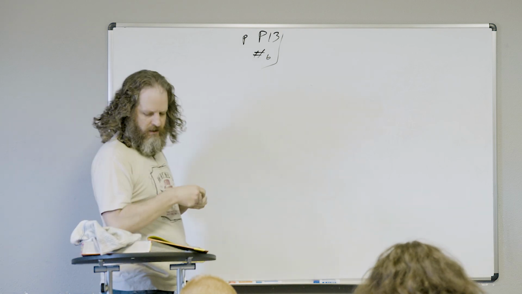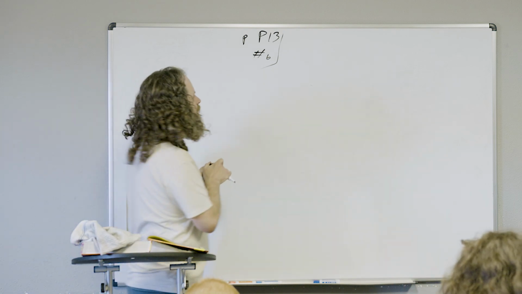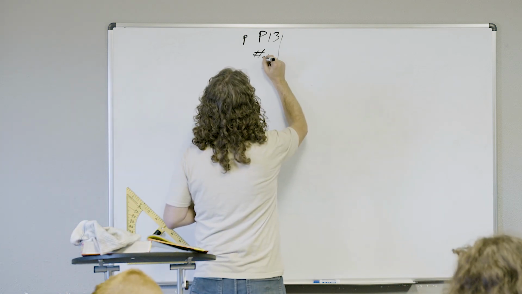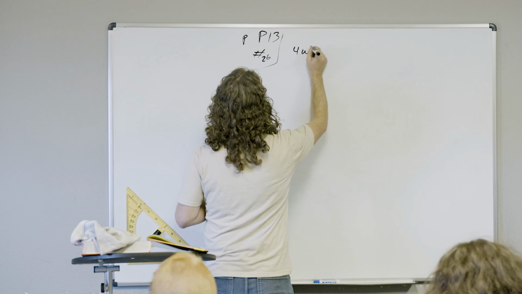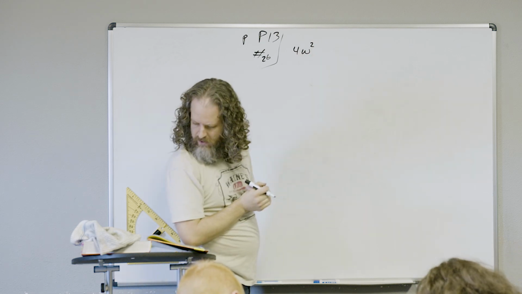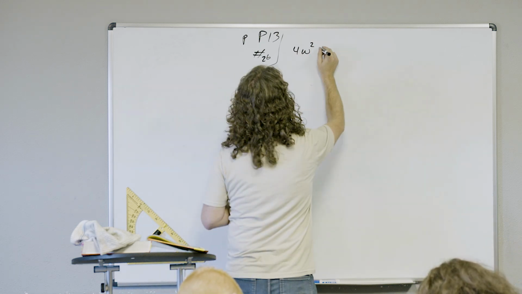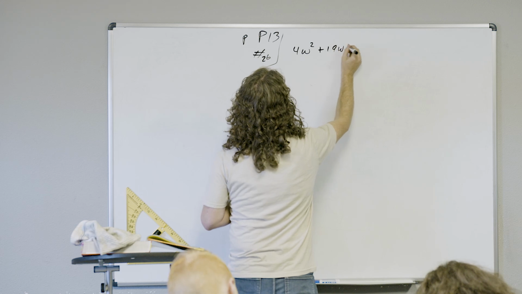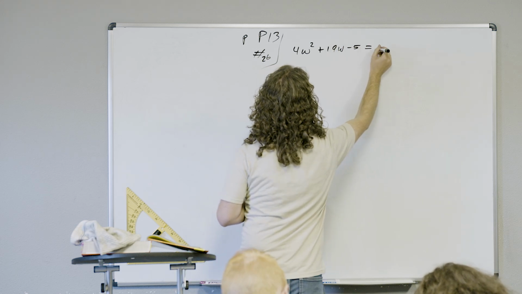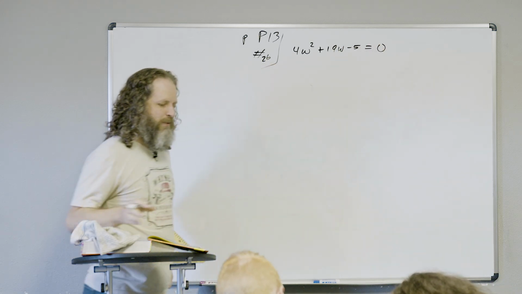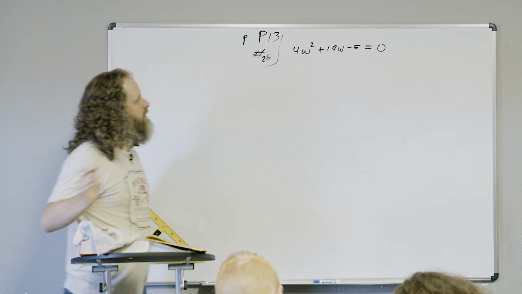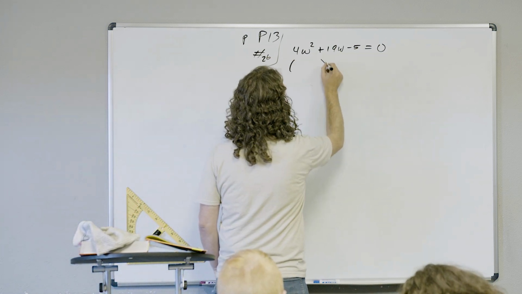All right. So 4w squared plus 19w minus 5 equals 0. We're supposed to solve for w. What do we need to do? Two parentheses, because it says to solve by factoring.